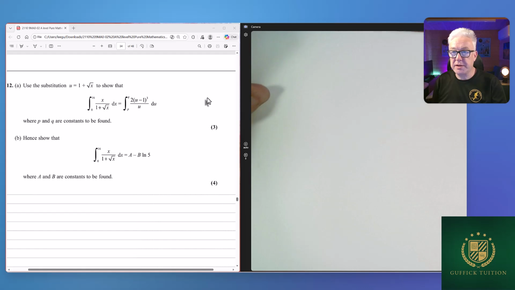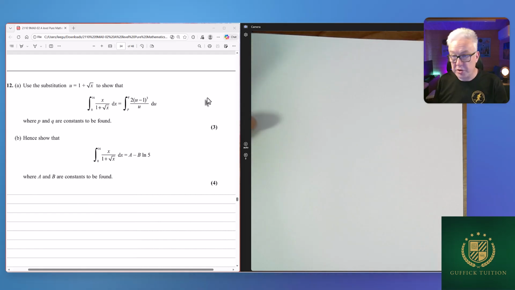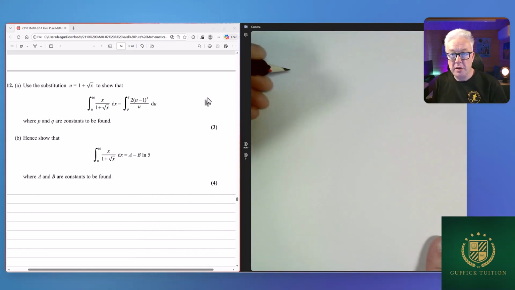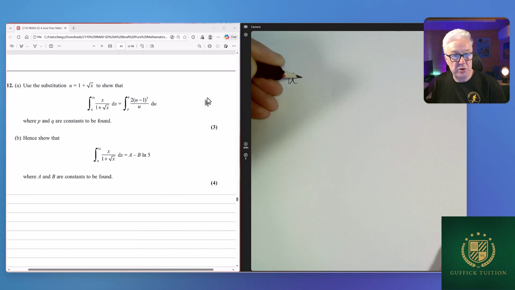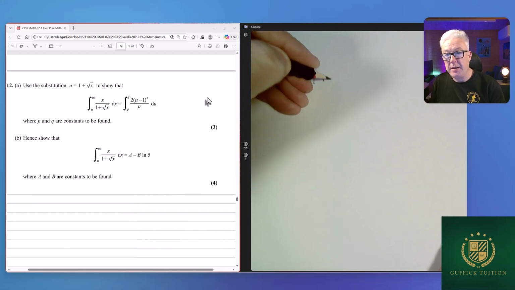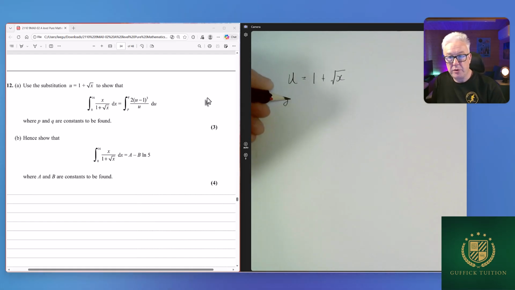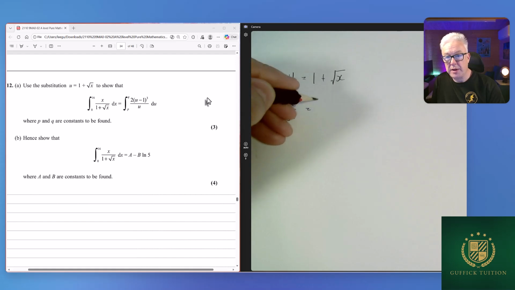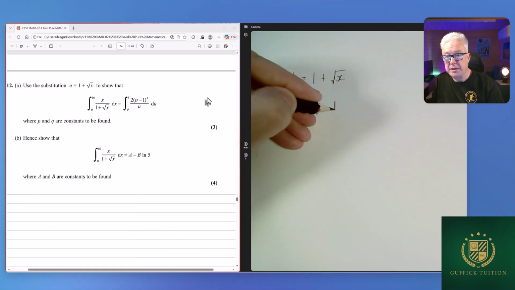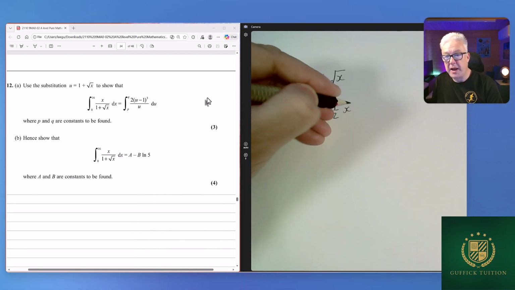Okay, so the first step in an integration by substitution question, I think, is to write down what the substitution is if they give it to you, and then differentiate it. So we've got that u is equal to 1 add root x, so therefore du by dx is going to equal, that's going to go to 0, and this is going to go to a half times x to the minus 1/2.